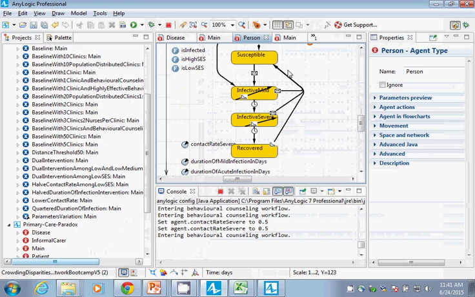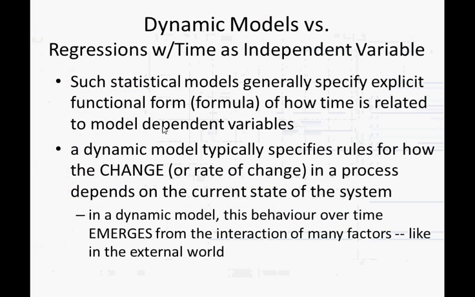When I say this, I mean you don't specify an explicit functional form for how many cases of infection there are over time. Rather, it results from this implicit specification that says, given your current state, what's the next state? And from that, over time, emerges the count of people who are infected. We're not imposing that the count of people who are infected rises linearly with time.